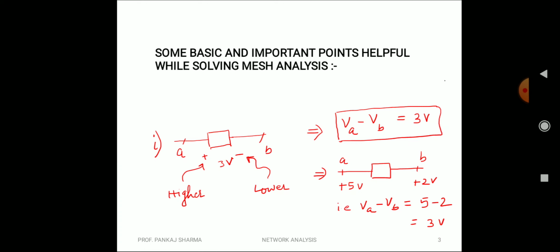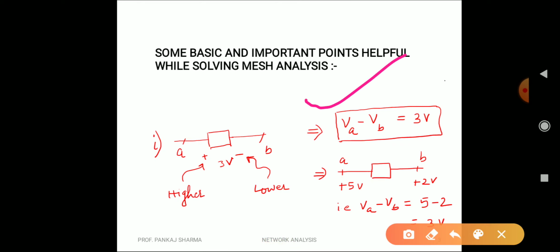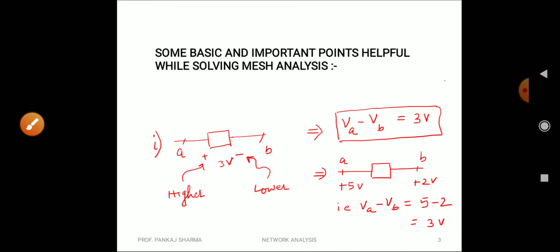So the difference in potential from A to B, that is VA minus VB, will be equal to the potential of point A minus the potential of point B, that is 5 minus 2. The result is 3.